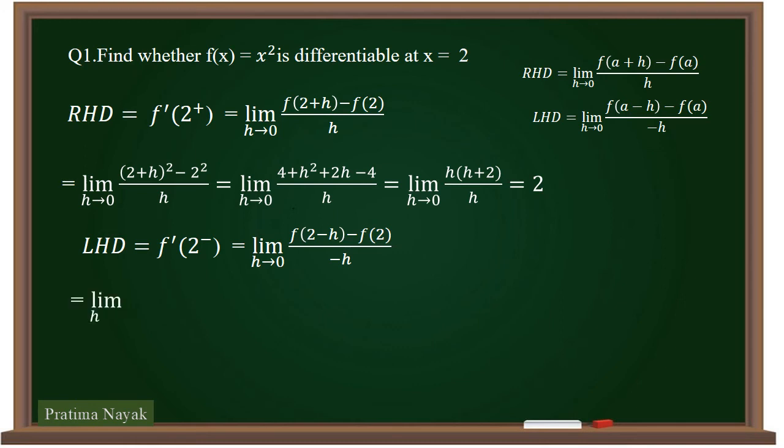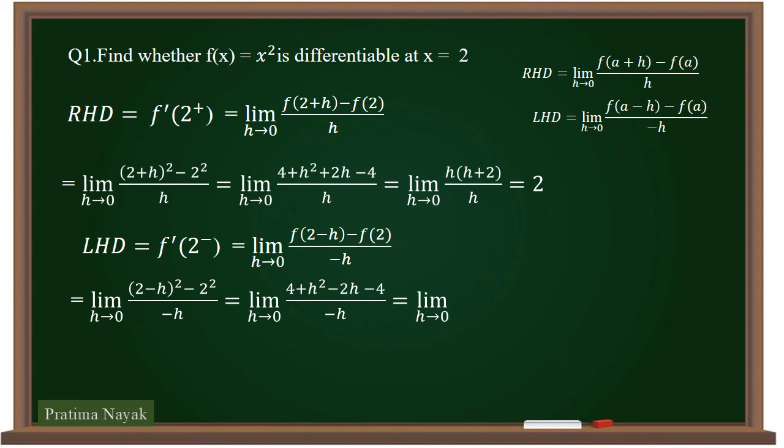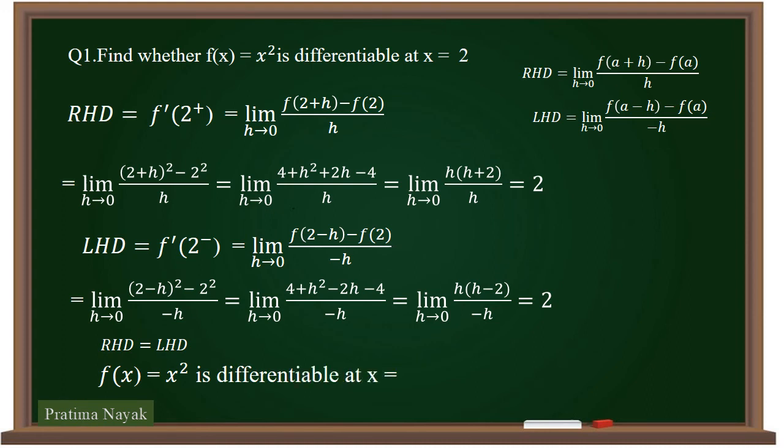So limit h tends to 0, ((2-h) whole square - 2 square)/(-h). So (4 + h square - 4h - 4)/(-h). So 4 cancel, again h taken common. So this will be (h-4)/(-h), which gives 4... so you are getting RHD is equal to LHD. So f(x) = x square is differentiable at x is equal to 2.